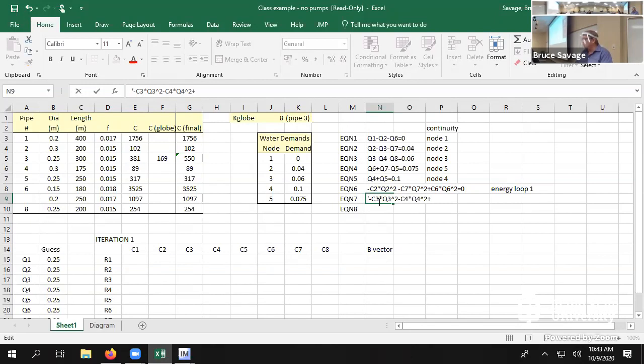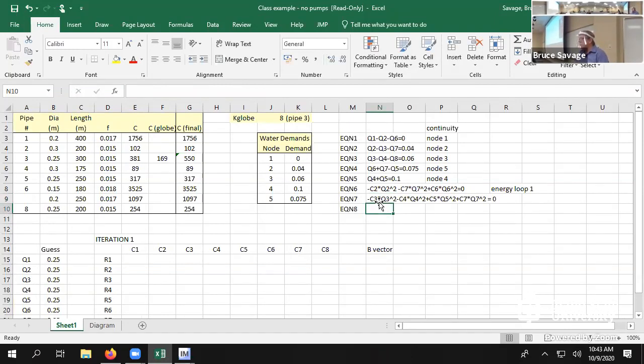Going against flow in pipe 5, so C sub 5 times Q sub 5 squared. And I'm going against pipe 7, so plus C sub 7 times Q sub 7 squared. All that has to equal 0. I do a check here because I know 7 is my common pipe. In the first loop it's negative and in the second loop it's positive, which is as I would expect.